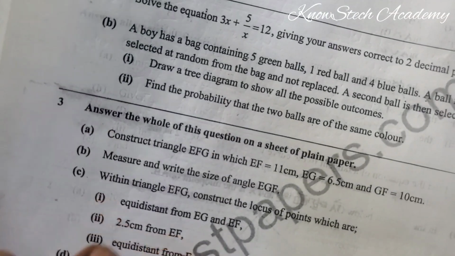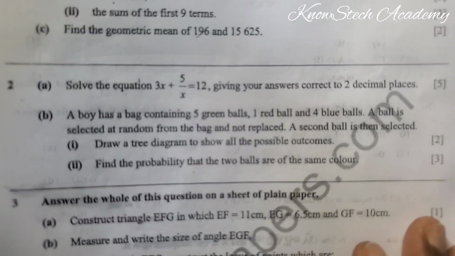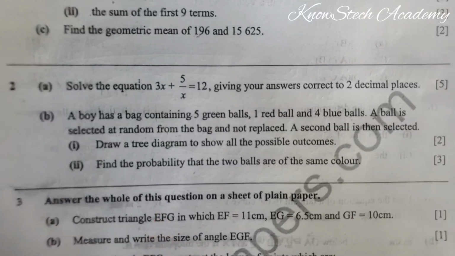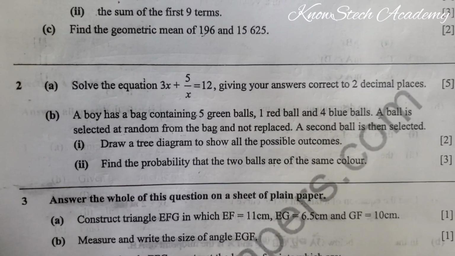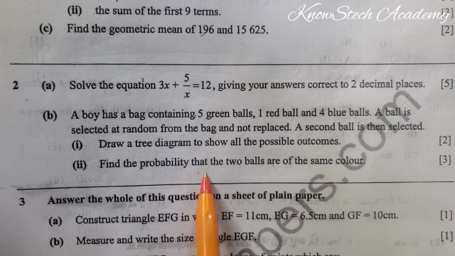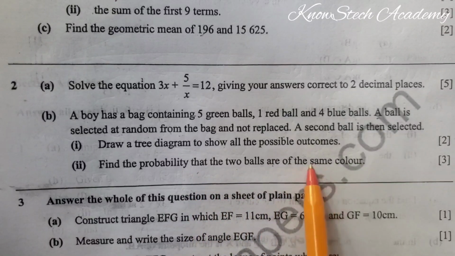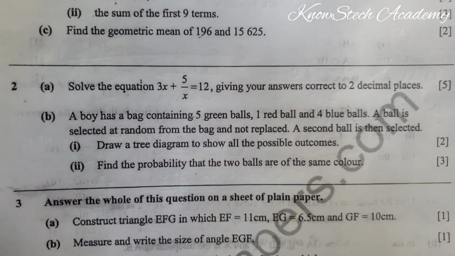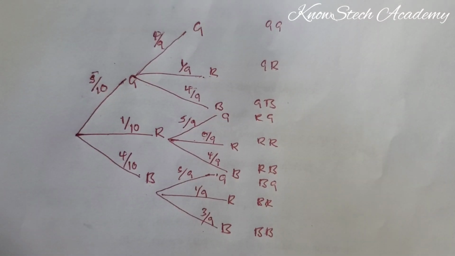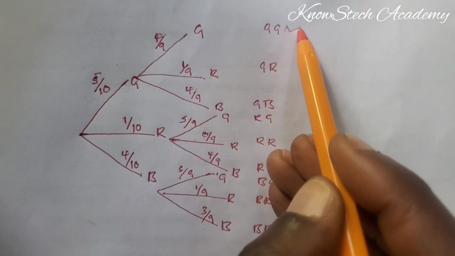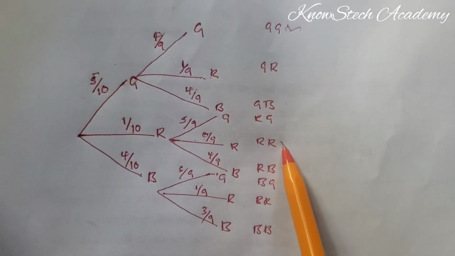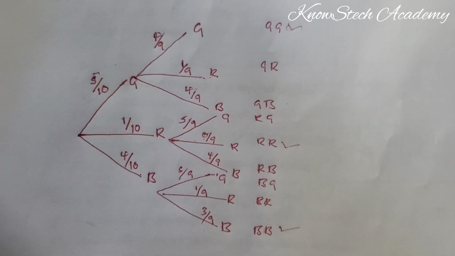Let's read the second question. Now, when you read the second question, it is saying, find the probability that the two balls are of the same color. Now check. Where are we having same color here? Green green, red red, and blue blue.